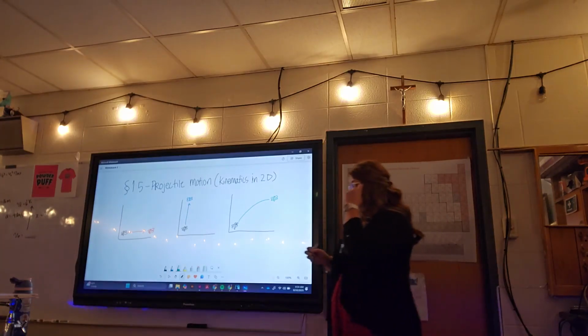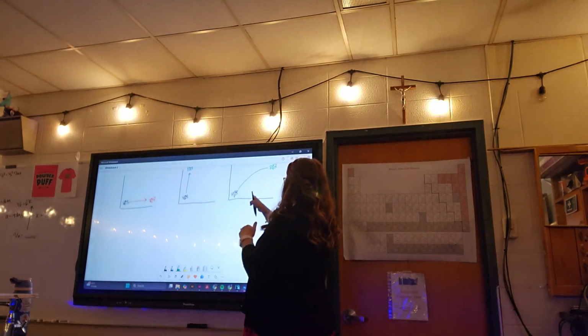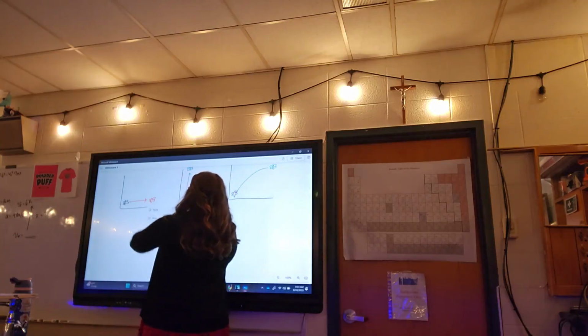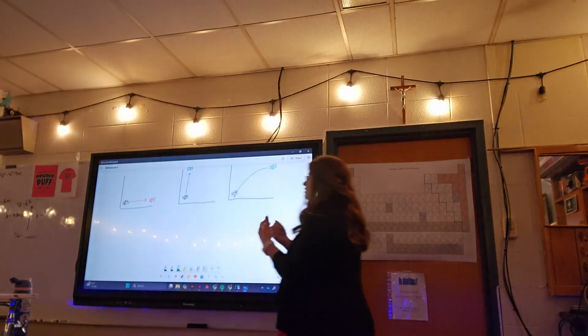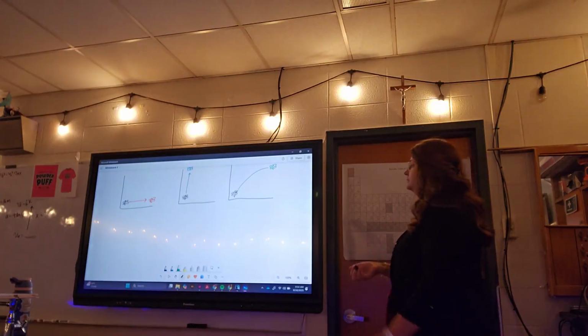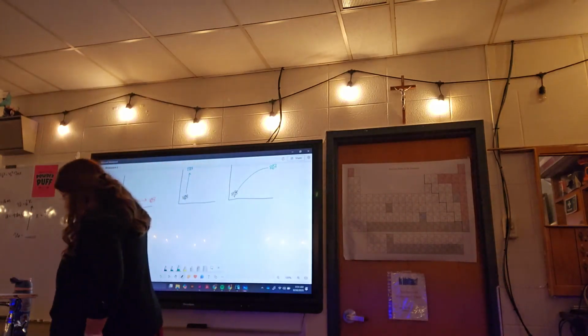And so we have to be able to break this up into its horizontal and vertical components, because that's the only thing that we have math equations to deal with. Okay, so what will that look like?